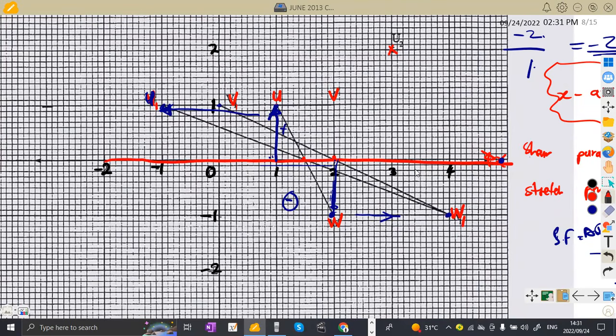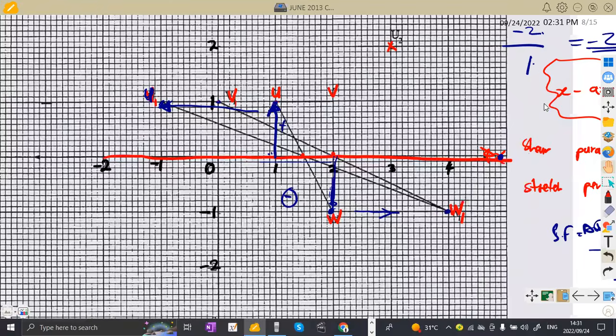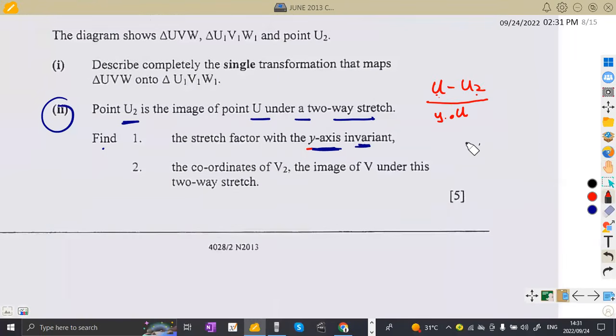So it was supposed to be 2 over 1, because I can see there are 2 boxes from this U, while from the y-axis here I just have 1 box. So it was going to be 2 over 1 as the stretch factor, like this, 2 over 1. Okay, I hope it's clear.